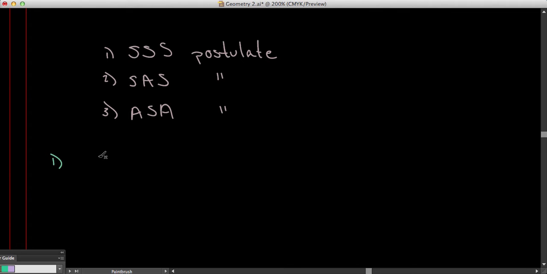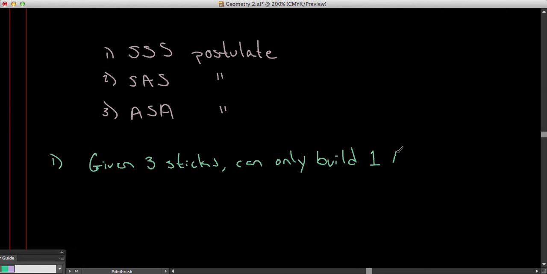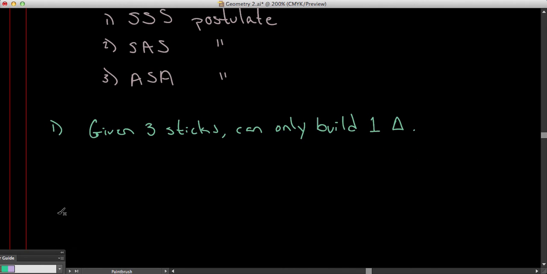So given three sticks, you can only build one triangle, right? Because all the sides are going to have to be the same, and you just form a triangle, and that's the triangle that any other person would build if they were given the same set of sticks.